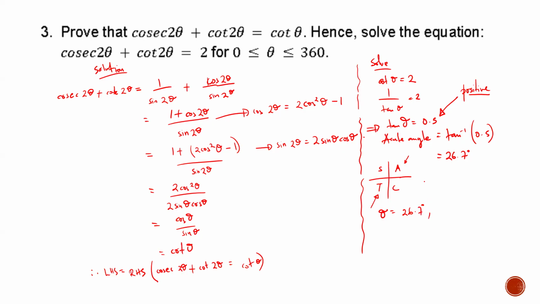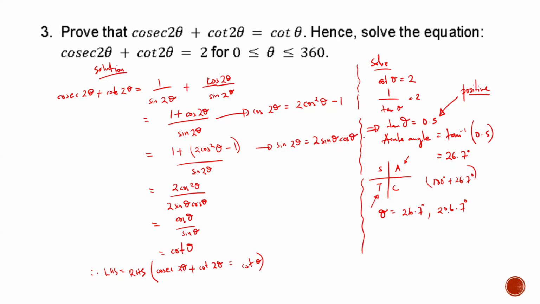And then we're also seeing that it's positive in the third quadrant, where there are angles between 180 and 270 degrees. So to 180, we are going to add 26.7 to give us the next angle. And that's going to give us 206.7 degrees as the next angle.